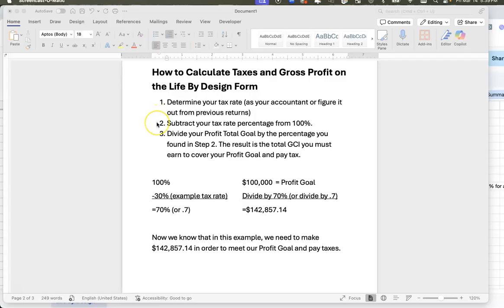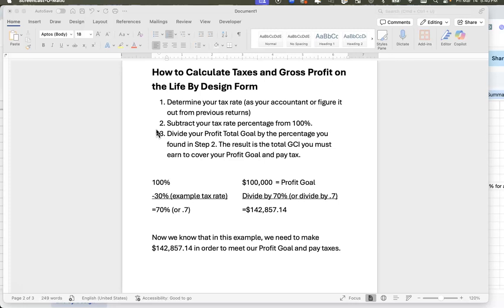Next, we're going to subtract that tax rate percentage from 100%. And finally, we're going to divide our profit total goal by the percentage we found in step number 2. The result is the total gross compensation income we've got to earn to cover our profit goal and pay the tax.